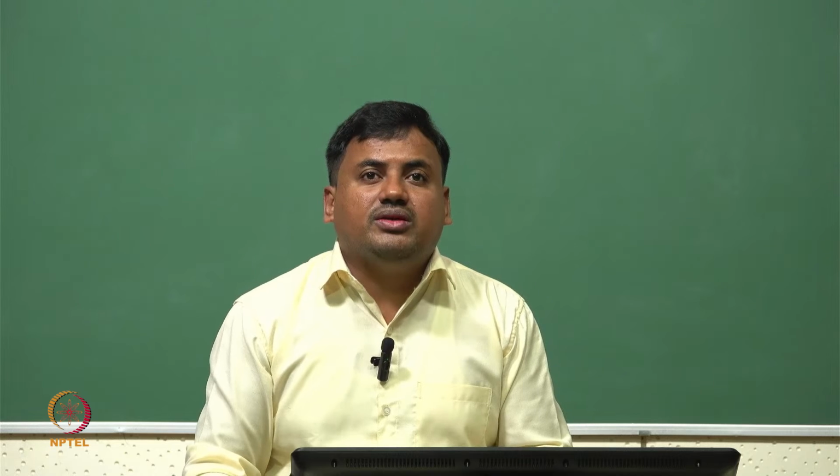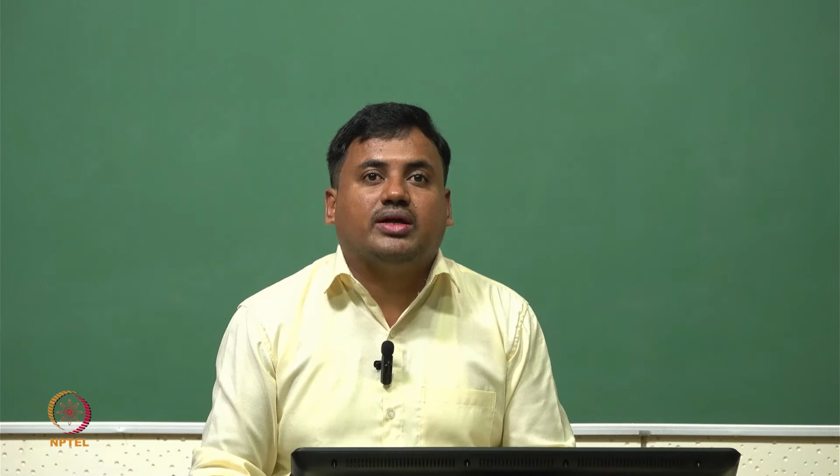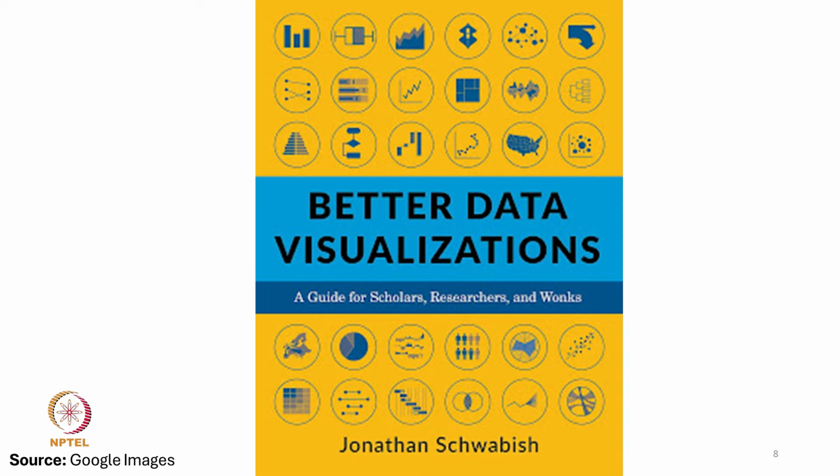There are several data visualization types that I came across when I went through the literature and reports, and also the book called Better Data Visualizations, a guide for scholars, researchers and wonks.